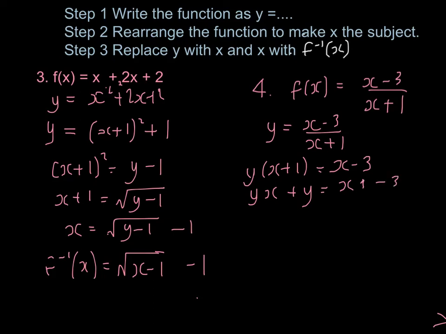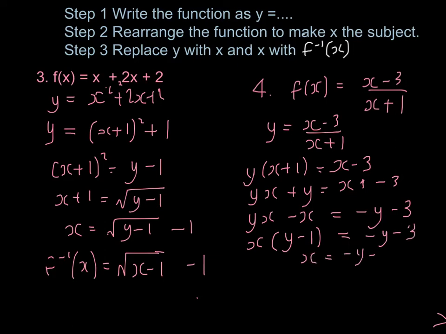Then we take the terms with x to one side, so we'll have yx minus x, and the terms without x to the other side, so minus y minus 3. Take a factor of x, so we'll have x times y minus 1 is minus y minus 3. So x is minus y minus 3 over y minus 1.